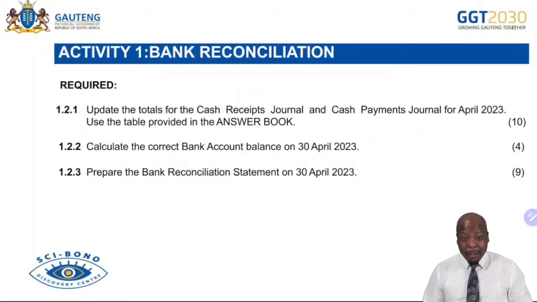And then the third part of the question is that we prepare the bank reconciliation statement. I would advise you that when you answer this question, answer all these at the same time, if possible. In other words, you pick the adjustments or the omitted information as you go. I'm going to show you how to do that. Okay, if you're ready, let's see.